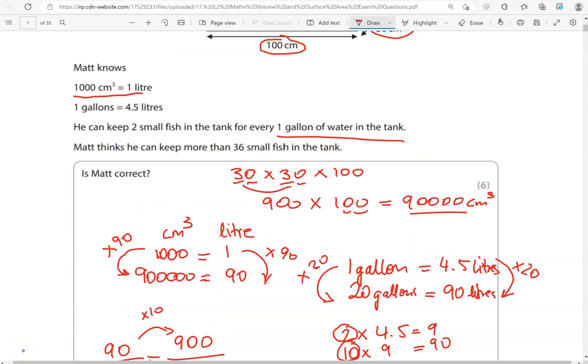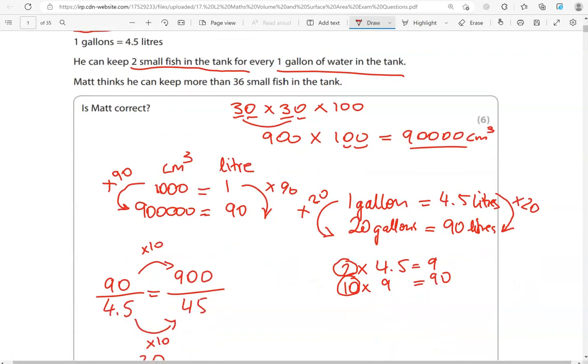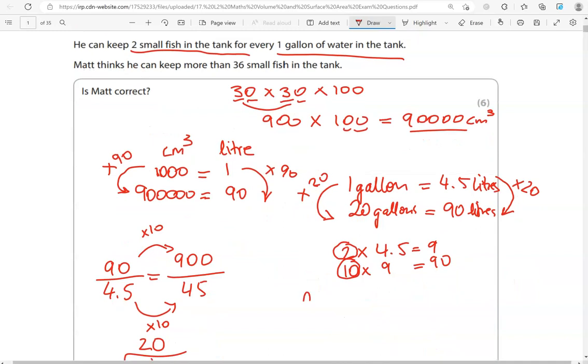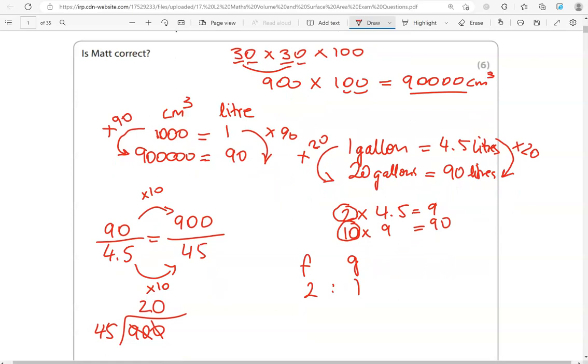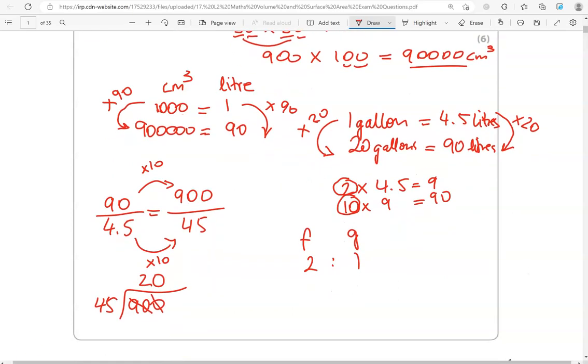It says here that you can keep 2 small fish in the tank for every 1 gallon of water. So the ratio of fish to gallons of water is 2 to 1. Now there are 20 gallons of water. We need to put it under gallons of water, not here.